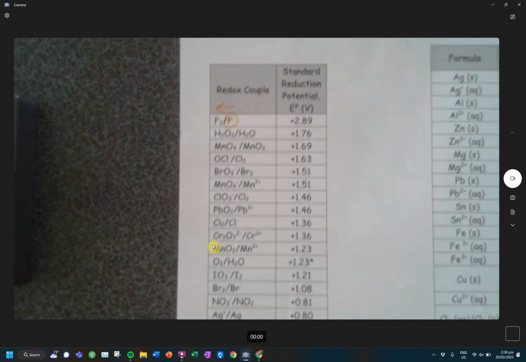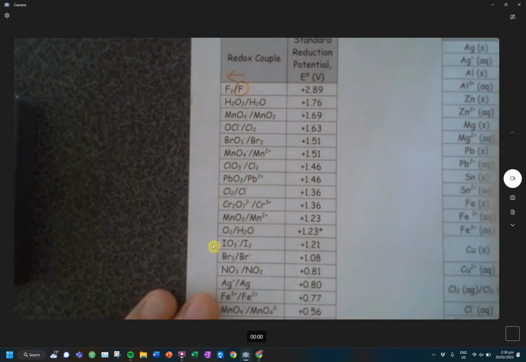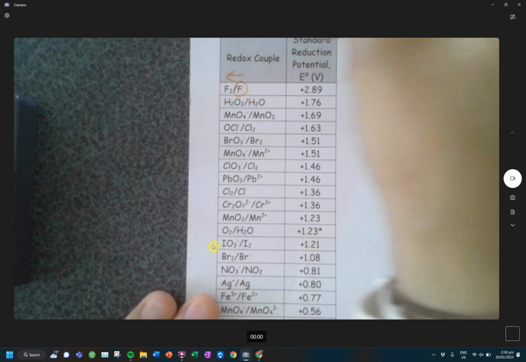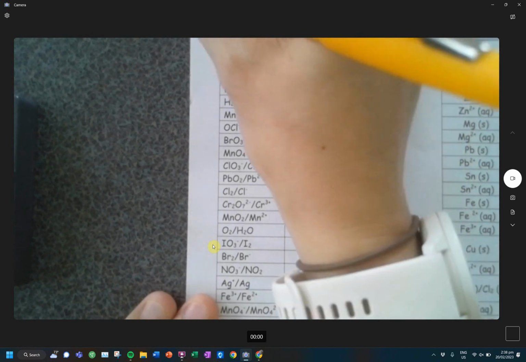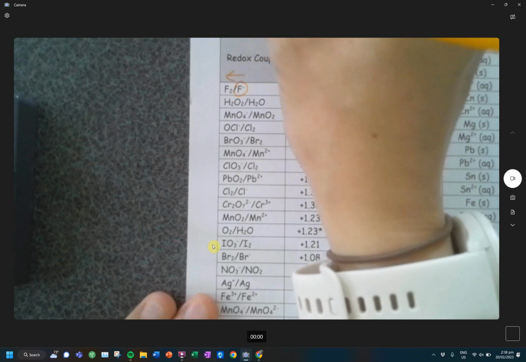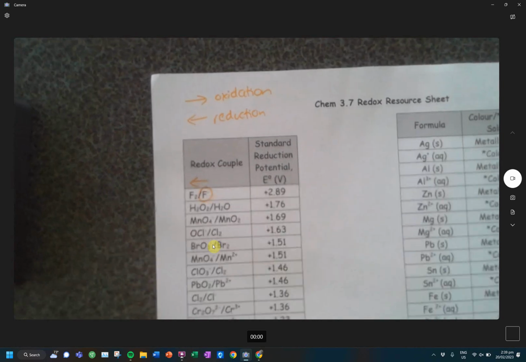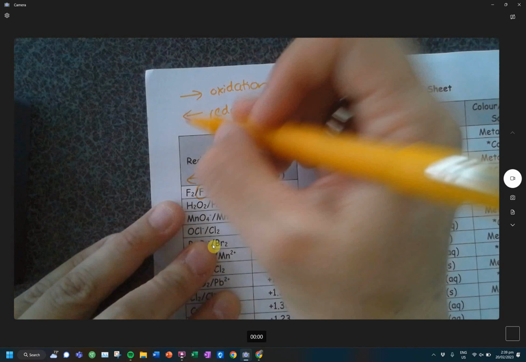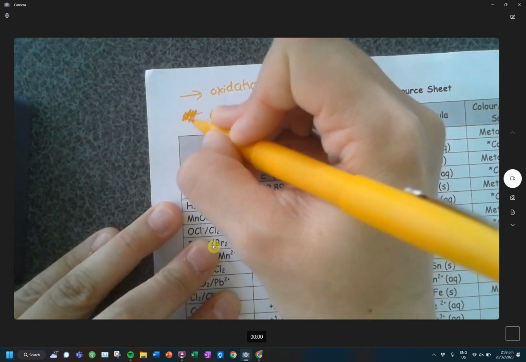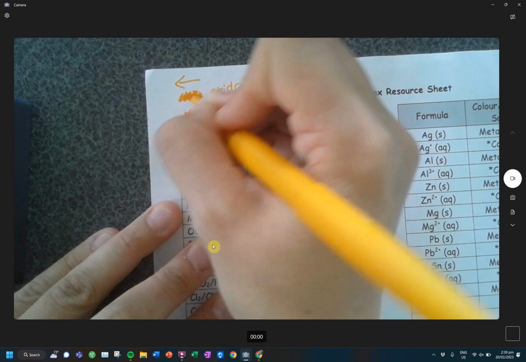And if I was looking for aluminium, oh, wait, sorry, I'm lying. This way's reduction, that way's oxidation. No, I lie, other way. Sorry. This way's reduction, that way's oxidation. My brain, last period.